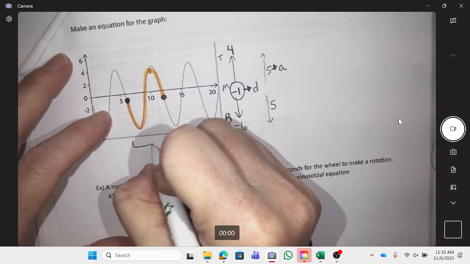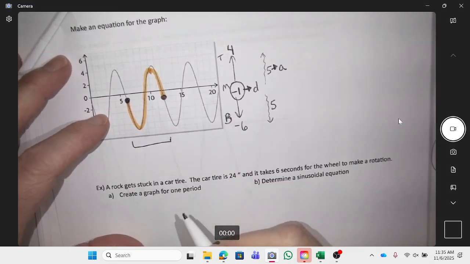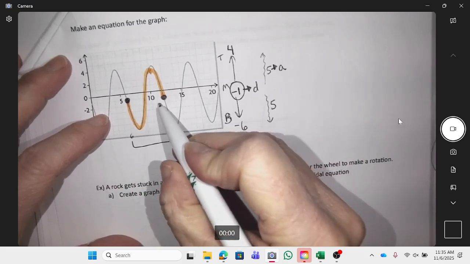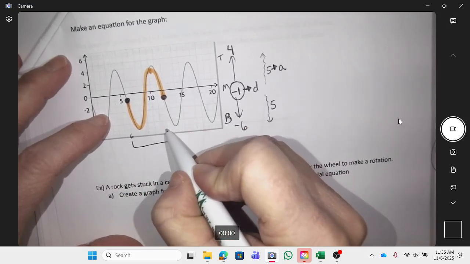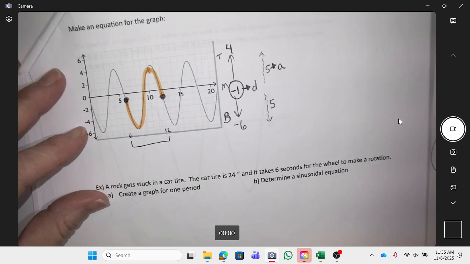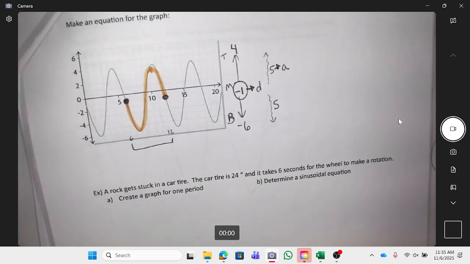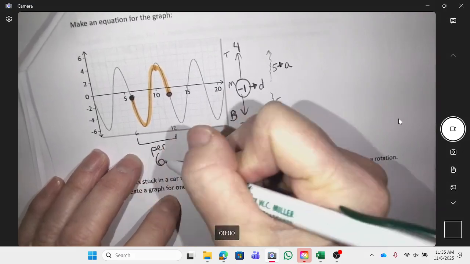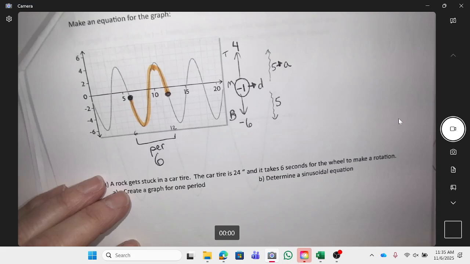So how long did it take me to travel through there if I started on the 6 line and I'm ending on the 12 line? I went from 6 to 12, so that means my period is 6.